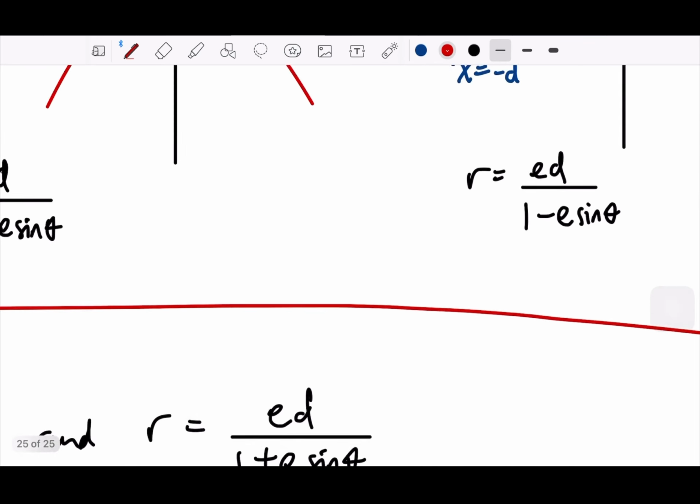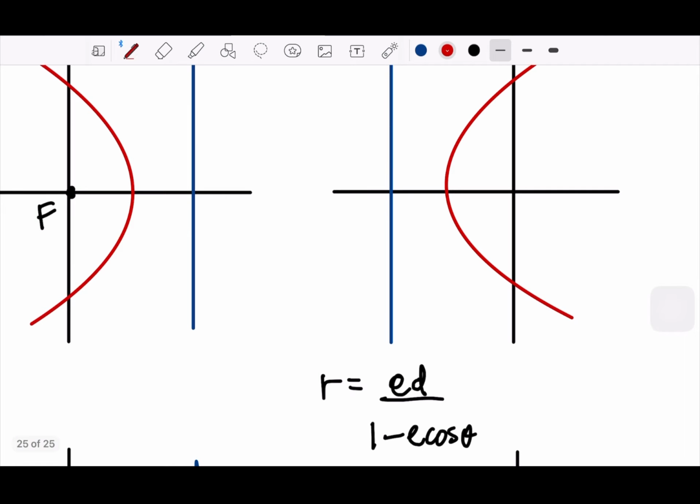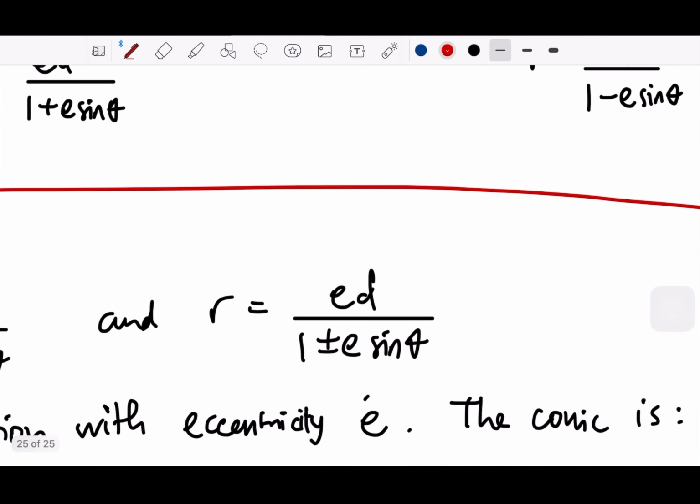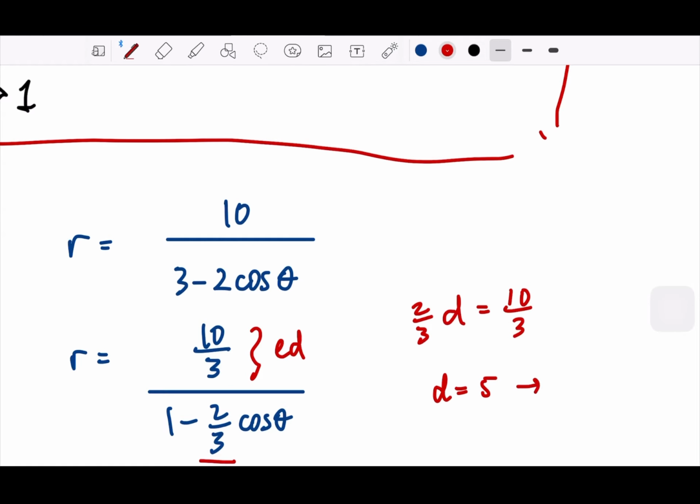So this should be going to the left side, so D will be negative 5. Or maybe not writing like that; maybe writing in terms of x equals negative 5.